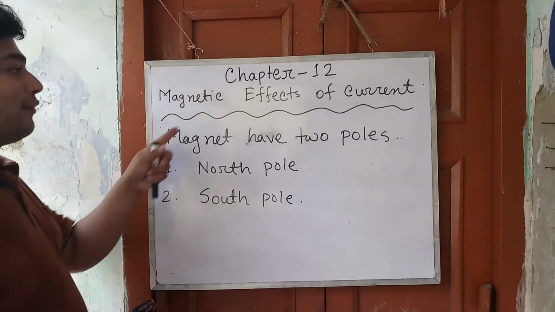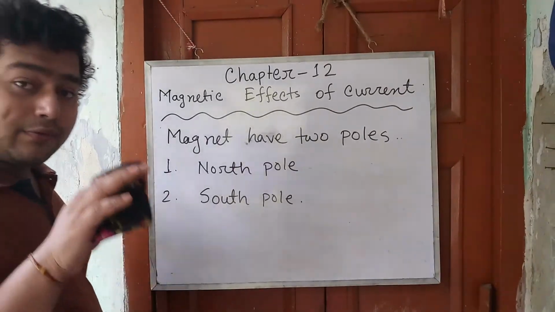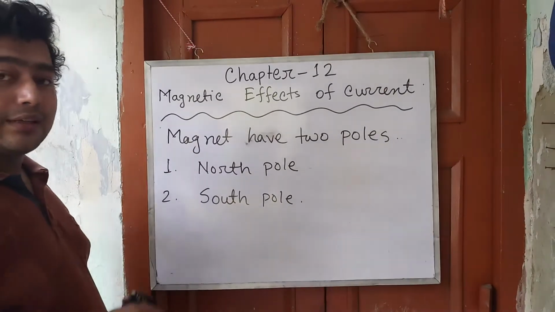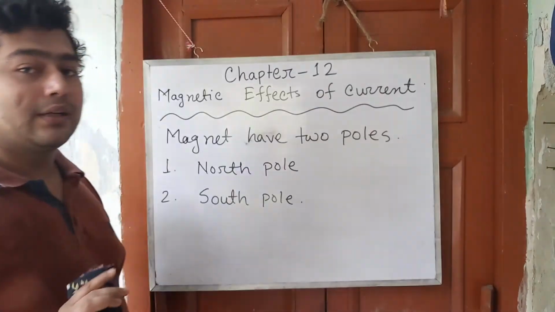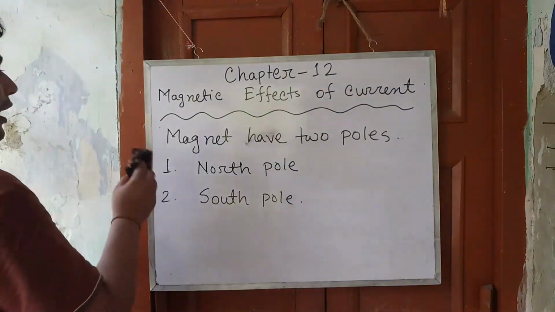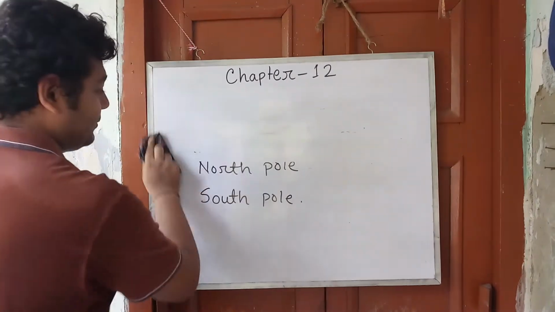This phenomenon was first discovered by the scientist Oersted. Oersted first discovered the magnetic effects of current.